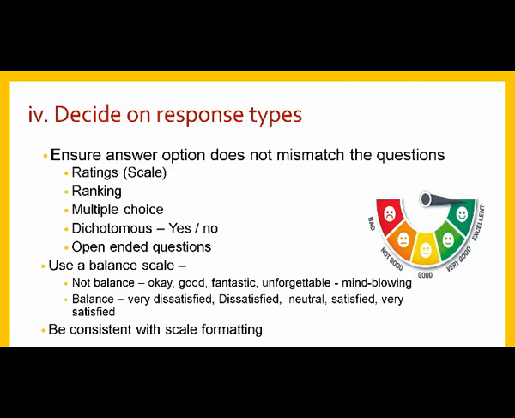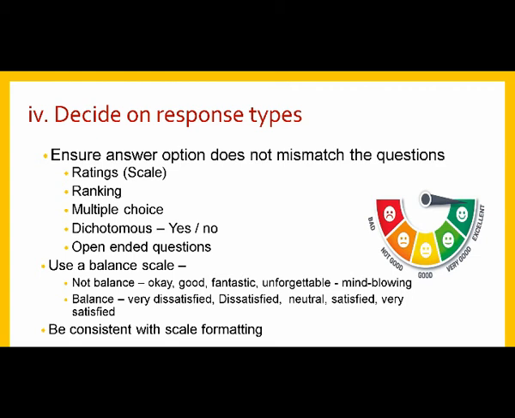In designing a questionnaire, it is important to choose a suitable response type for the survey question. This is because survey answer options are just as important as the questions themselves. If the scales are confusing or unbalanced, it will end up with a skewed result. There are many types of answer options available.